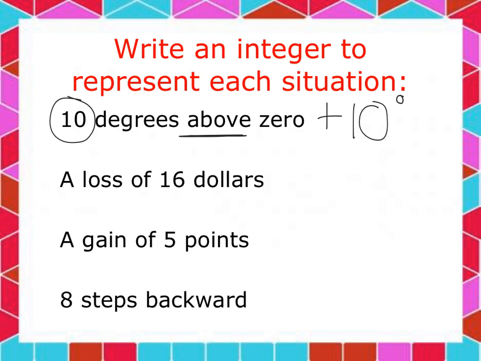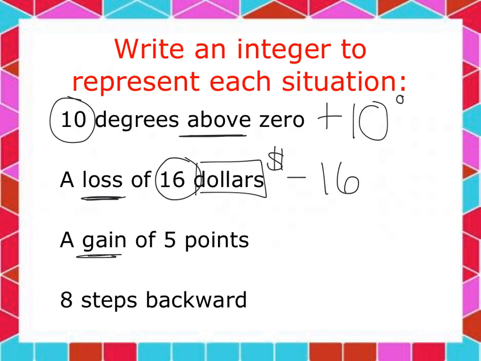All right, so let's check these. We have a loss. I feel a loss is a negative integer. 16 is my numerical part, and my label is dollars. The next one, I have a gain. That's positive.